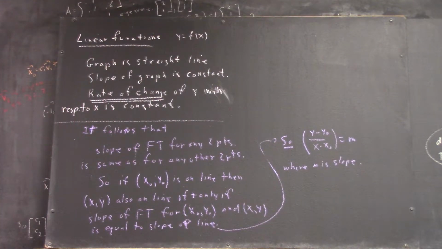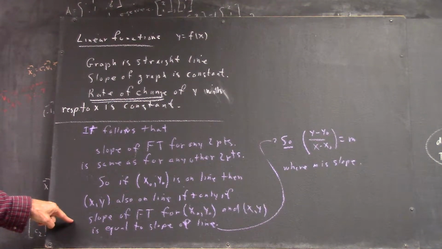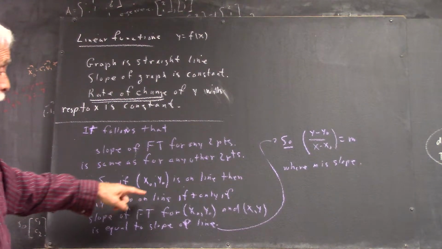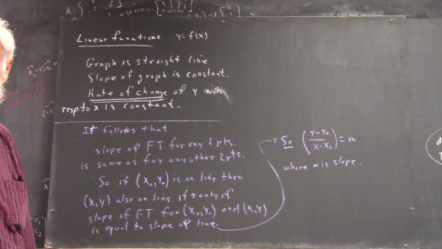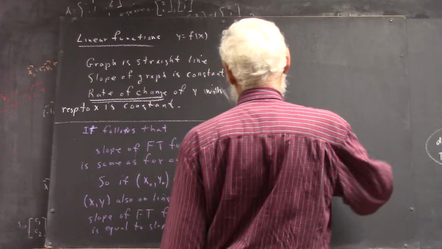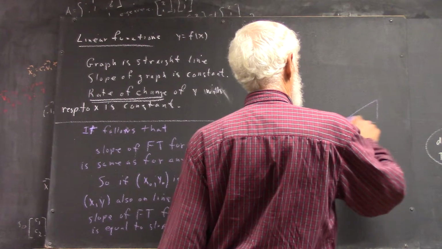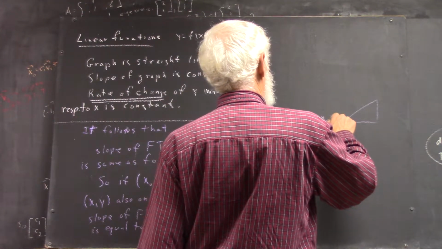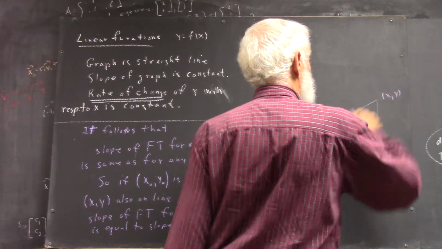Now, how can I say that? How does this follow from this? Well, what's the slope of the fundamental triangle for x naught, y naught, and x, y? You've got the point x naught, y naught, and x, y.